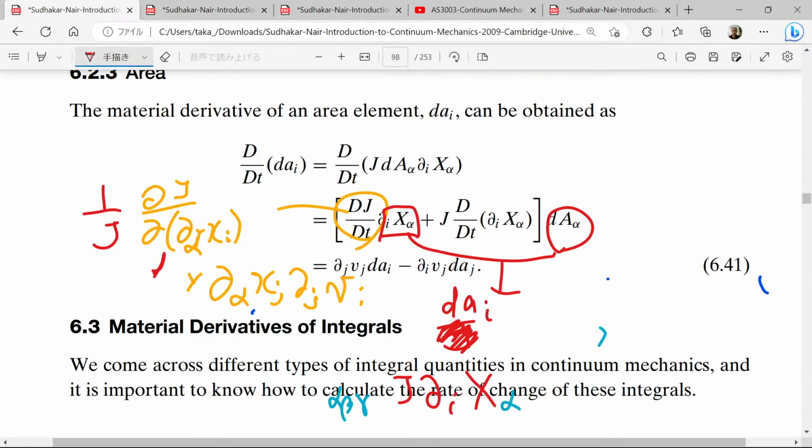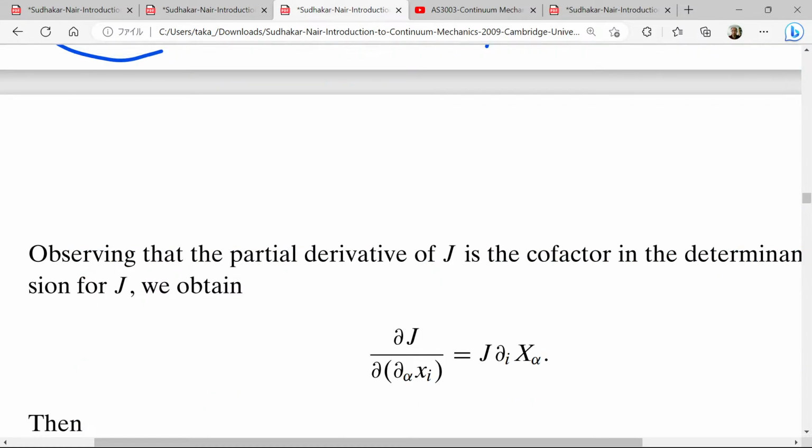I think I screwed up. DJDT is J partial I X alpha.